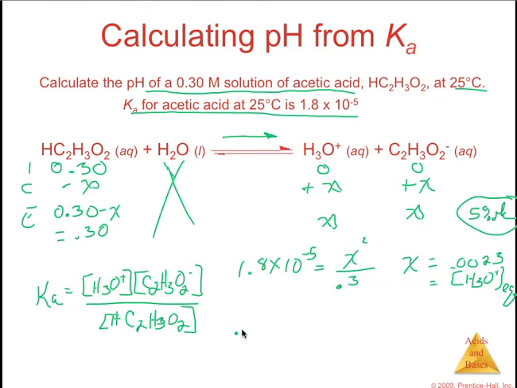So it does ask me for the pH. All I have now is the concentration of the hydronium. So pH is equal to negative the log of the concentration of the hydronium ion, which is negative log of 0.0023.